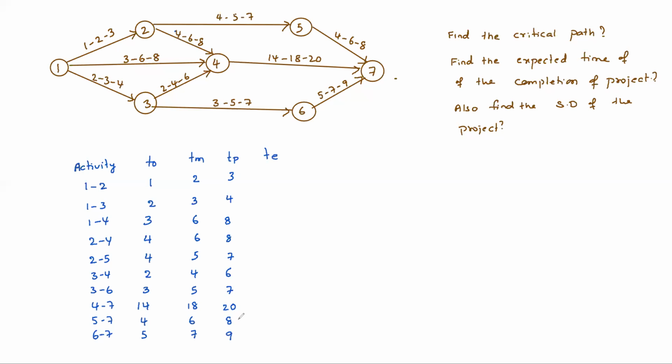So based on this, we need to calculate TE first. What is the TE formula? T naught plus 4 times Tm plus Tp, divided by 6. Calculate and tell me TE. 1 plus 8 plus 3, 2.